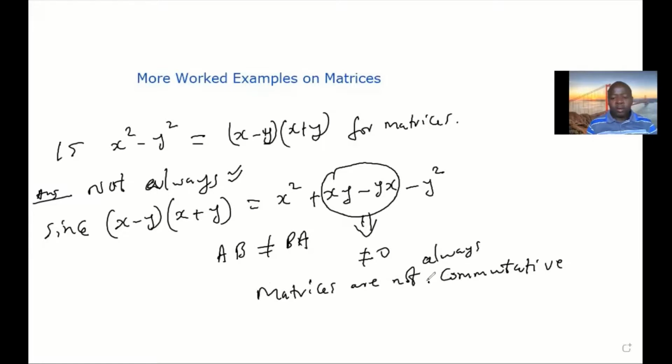You would have others where AB will be equal to BA, but not for all matrices. Okay, let's proceed with our example. So you've understood why I said that this part here is not always equal to that for matrices. But for the example that we are doing, it will work.